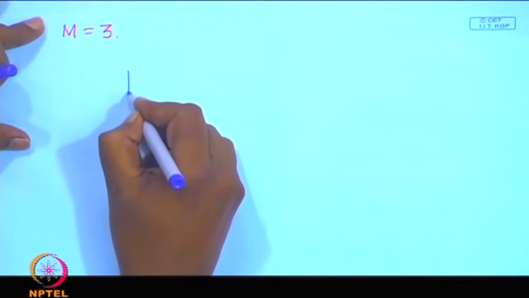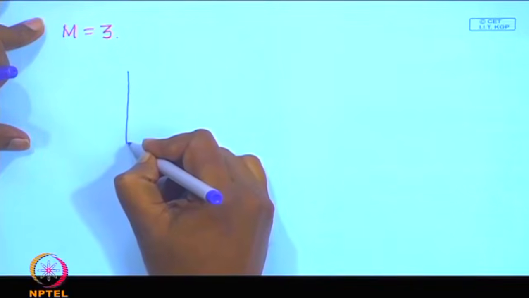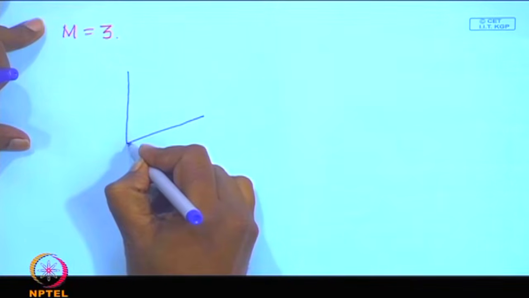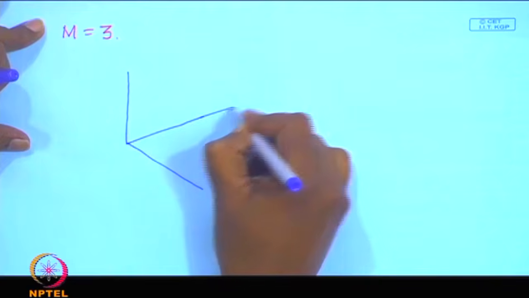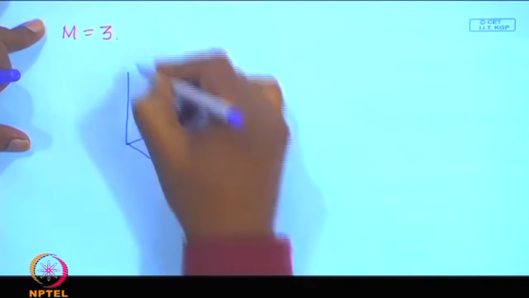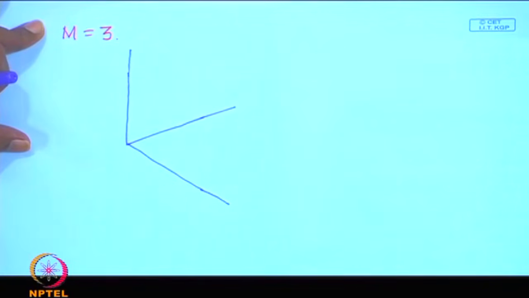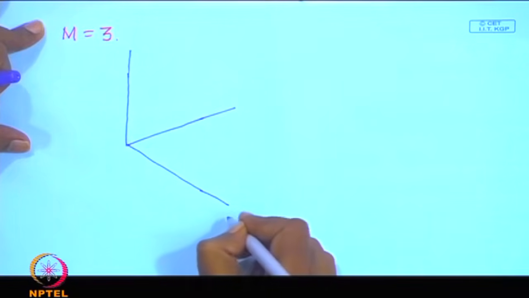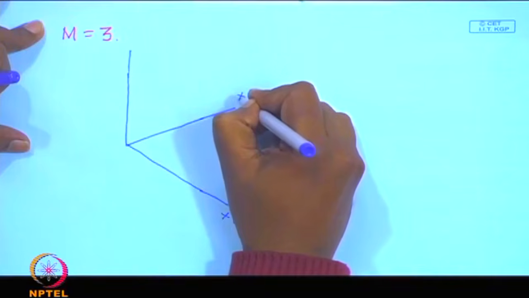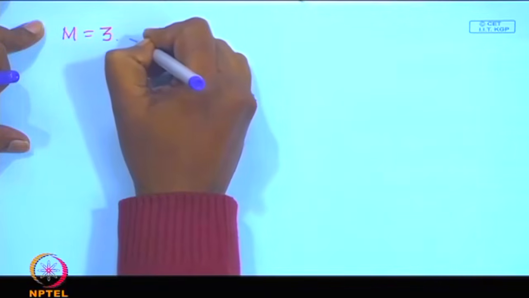Then what is my advantage? Whenever I have such feature vectors of dimension 3, I am representing my pattern in a 3 dimensional space, which is nothing but feature space. So, this is my feature 1, let me call it x 1, this is the dimension x 2, this is the dimension x 3.